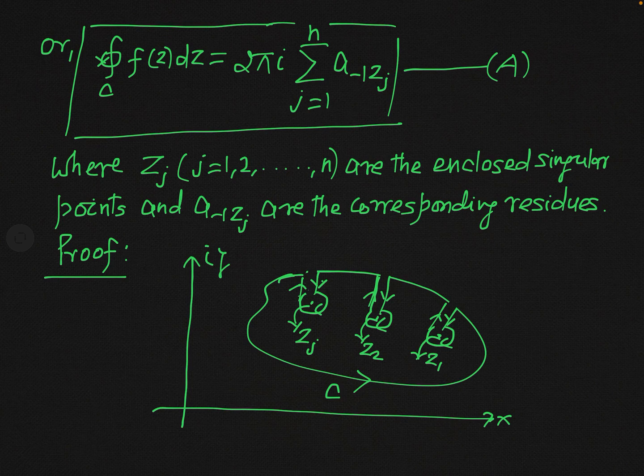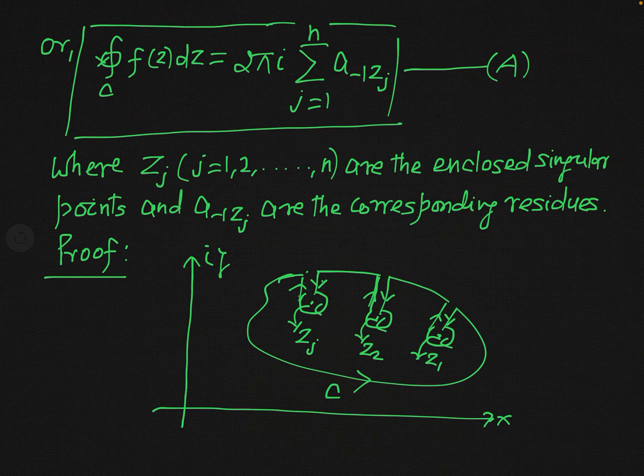In fact, here zj, where j runs from 1 to n, are the enclosed singular points, and a minus 1 zj are the corresponding residues. When you say corresponding residues, it means these are residues at z equal to z1, z equal to z2, z equal to z3, z equal to zn, and so on. So this is the statement. The statement is very simple.